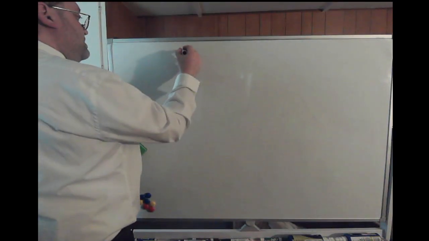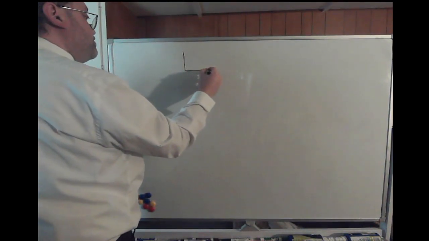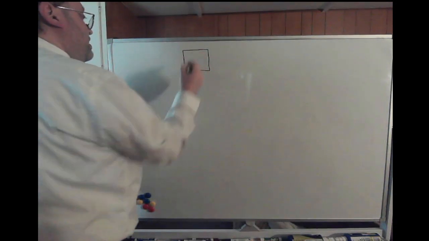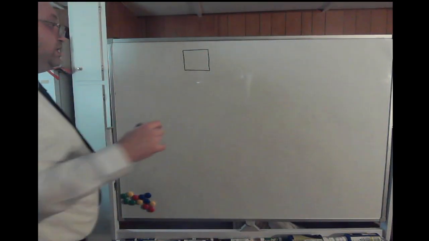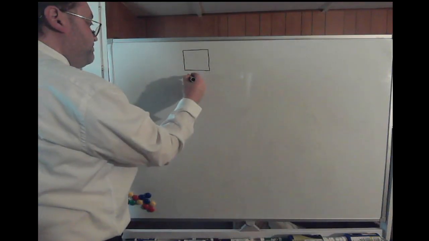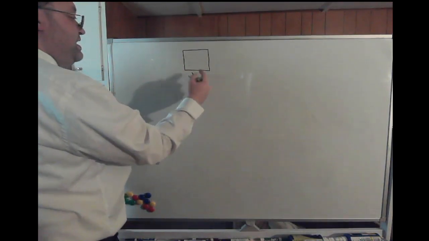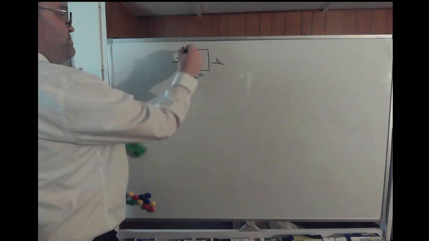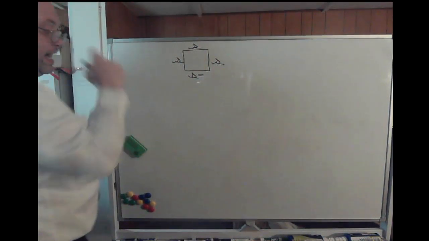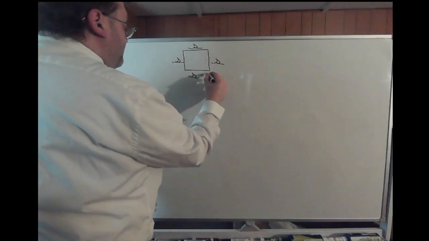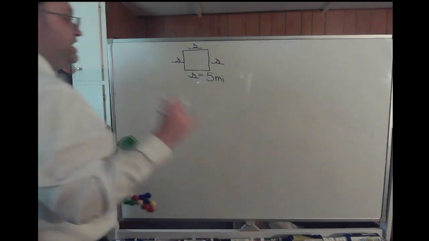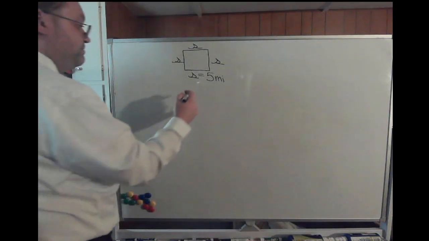Let's talk about squares. A square is special because in a square, all 4 sides are equal. You have a side, and the side is equal on all of these. Let's say a side of this square is 5 miles.